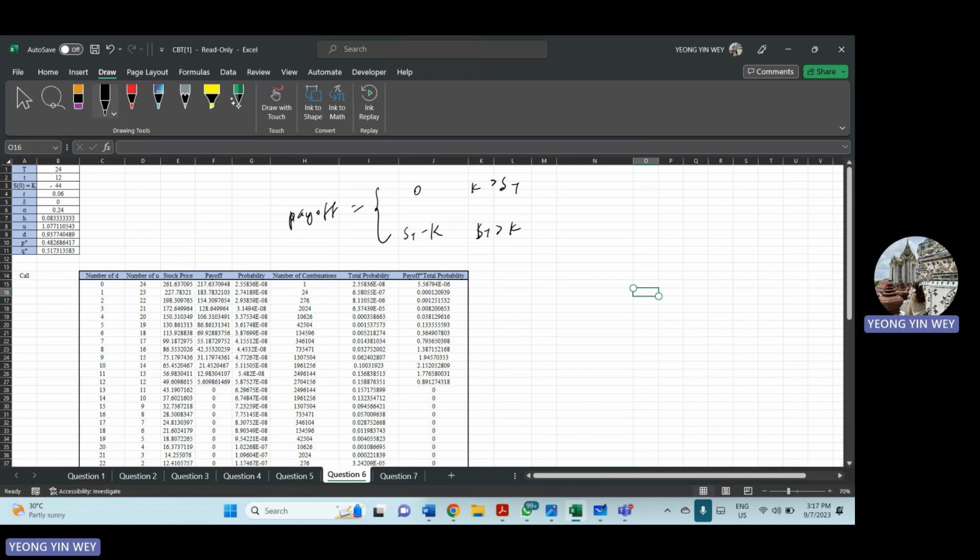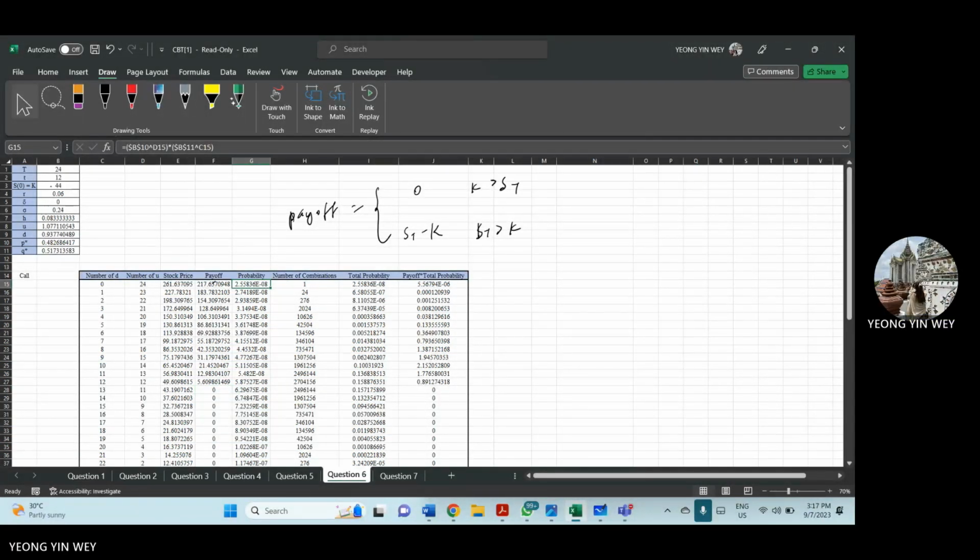If the stock price is larger than the strike price, then we will exercise the call option. So for example, for this payoff, we will use the stock price 261 minus the strike price 44, equals 217, until when the stock price is smaller than the strike price, then we will have zero payoff because we will not exercise the call option.